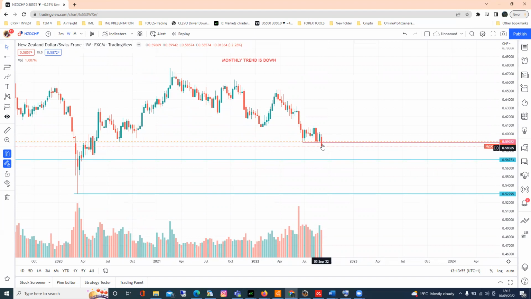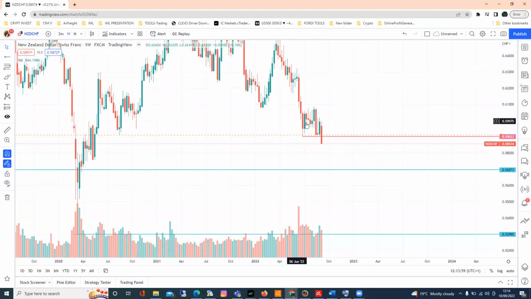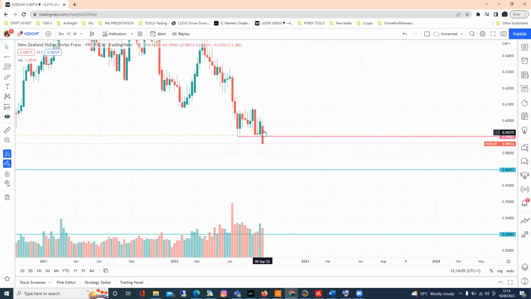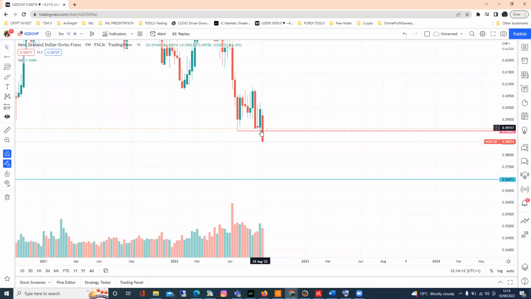On this particular weekly chart, we have some equal lows over here and over there, and we have this key rejection the previous week, which shows us that as price is approaching here, some buy orders come in, which means under this equal low, there are buyers.